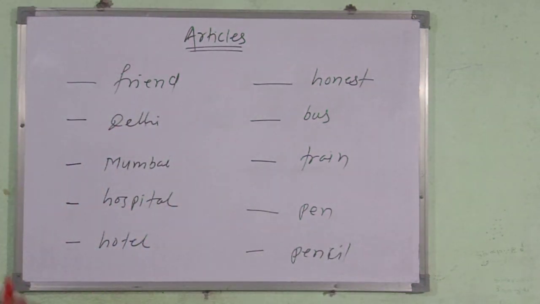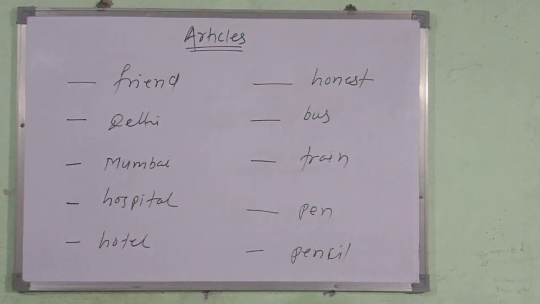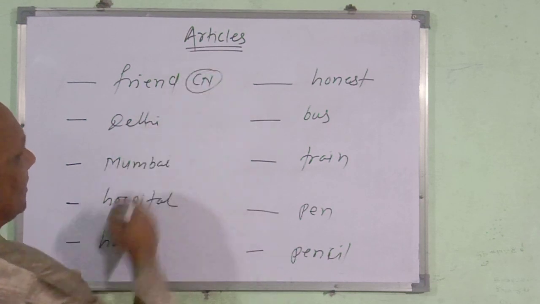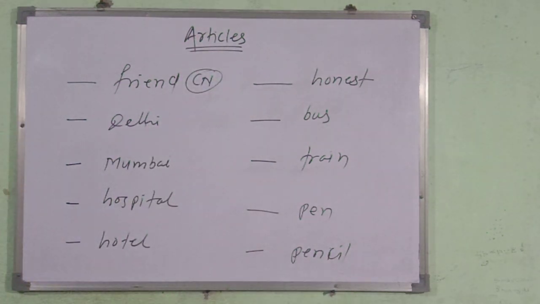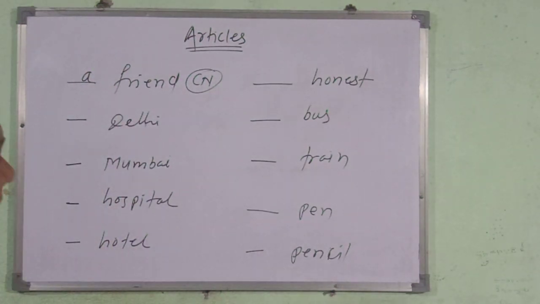Okay, getting or not? So let's discuss one by one. Friend, which type of noun? That one is a common noun. So for that purpose, we have to use a article, a friend.